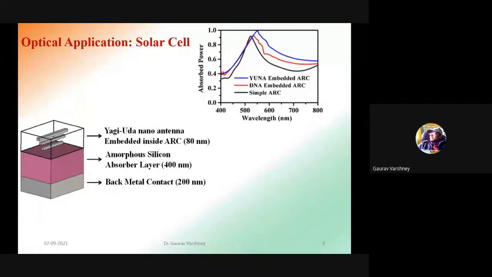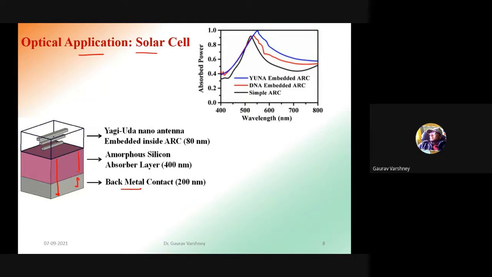And if we are talking about optical applications, this is another most important application that we must utilize. We are currently trying to develop it. In the case of the thin film solar cell, specifically, not chemical based solar cell, I am just telling a simple structure over here. This is the back metal, the back reflecting plane.